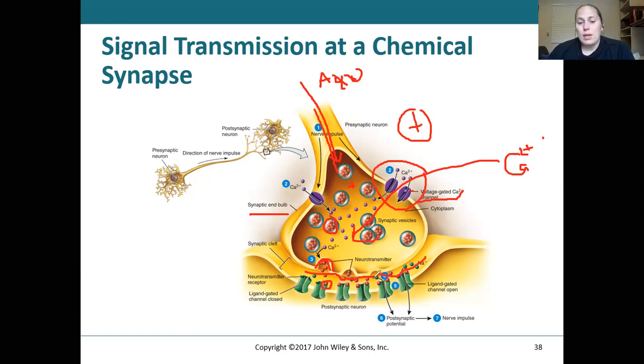If these are ligand-gated ion channels, that neurotransmitter binds to that receptor, and ions flux into the cell. At that point, you're turning an electrical signal into a chemical signal, and then it becomes electrical again because ions are fluxing into the postsynaptic cell.